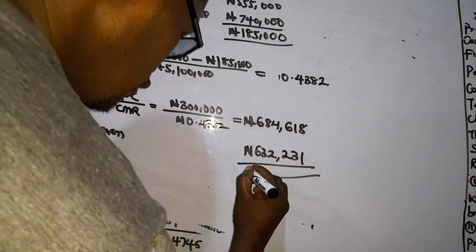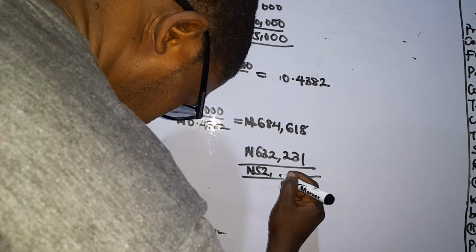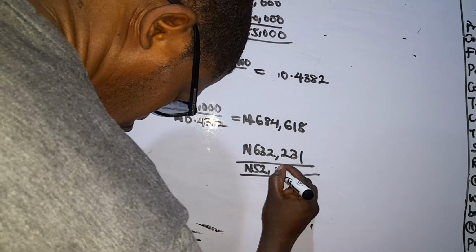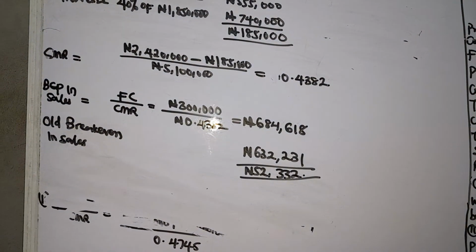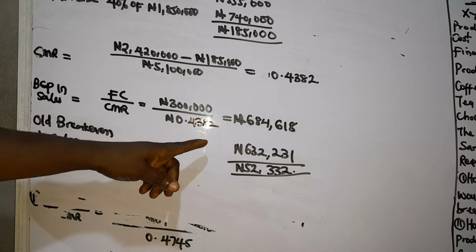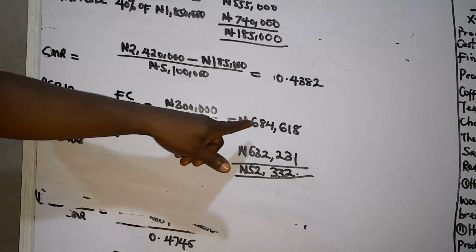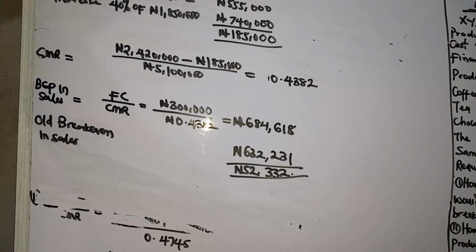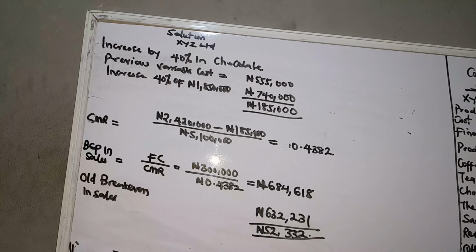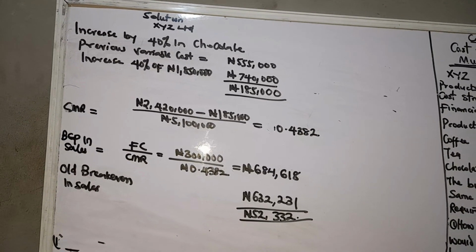That will give us 52,332. So you can see now the break-even point has increased from 632,231 to 684,563 by this margin, as a result of the 40% increase in chocolate. So I think that answers the number 3 part.